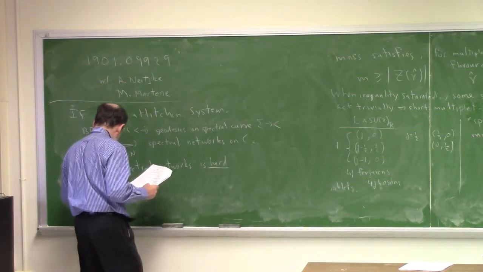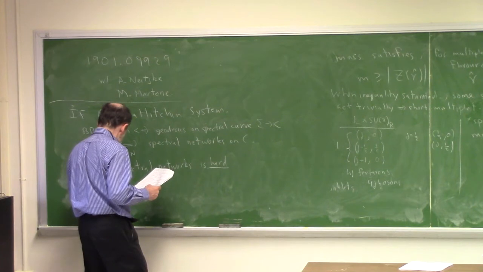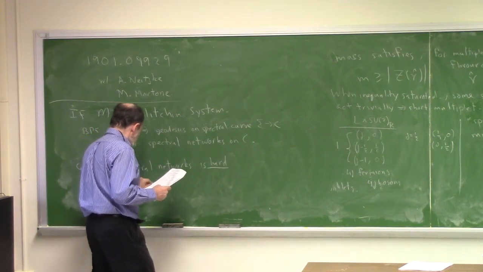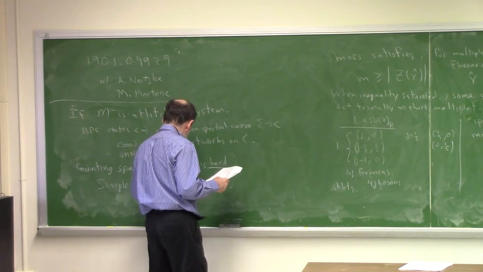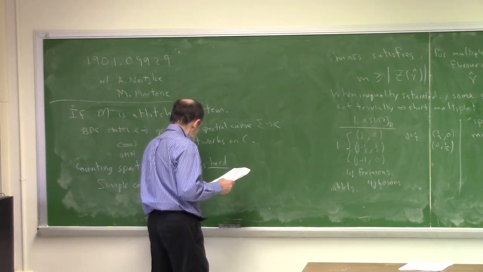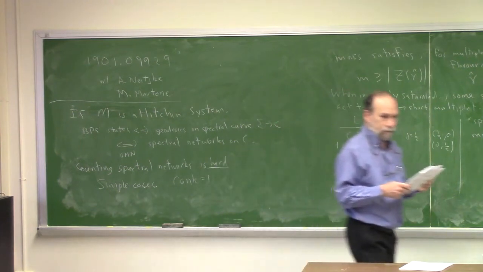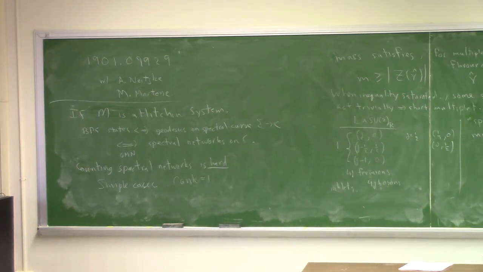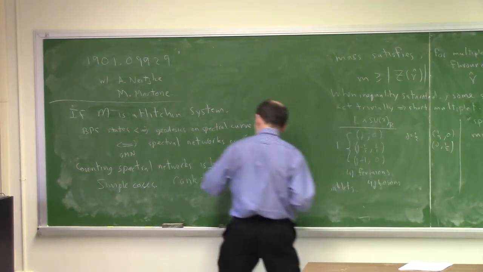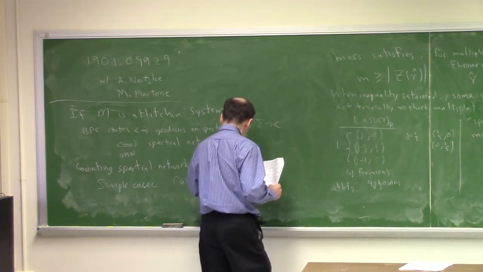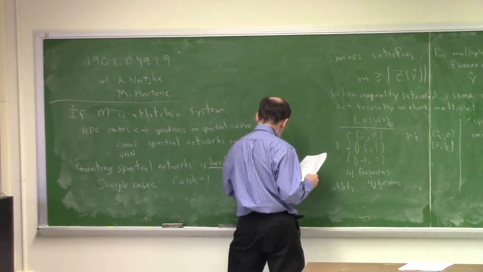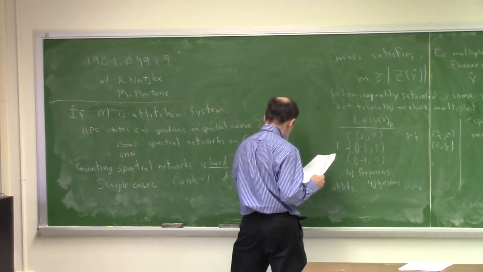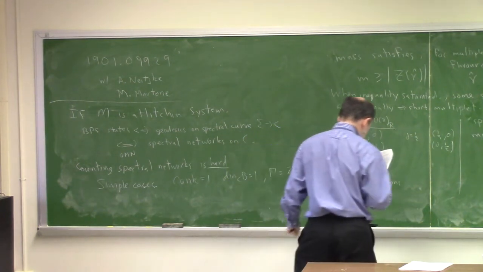So let's specialize to some simple cases. I'm going to be as brutal as possible. The simplest case is where the base is one-dimensional, and the charge lattice gamma is just two copies of the integers.